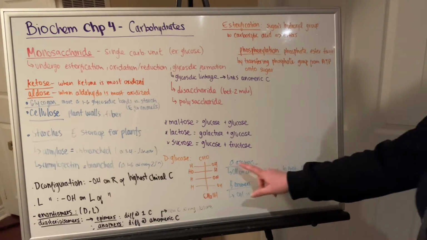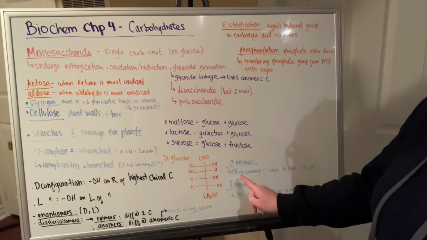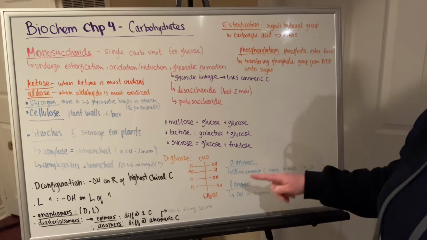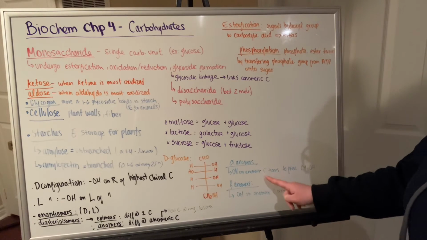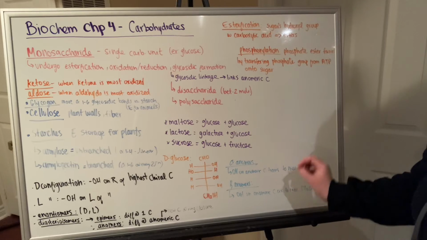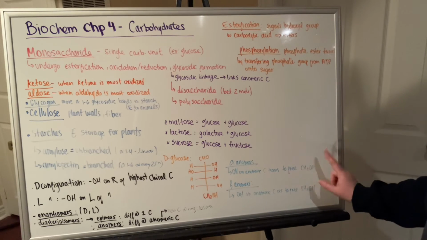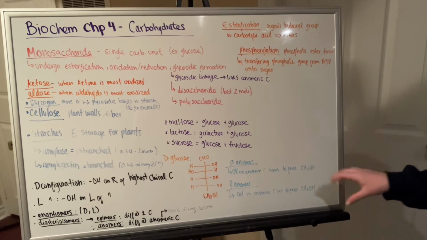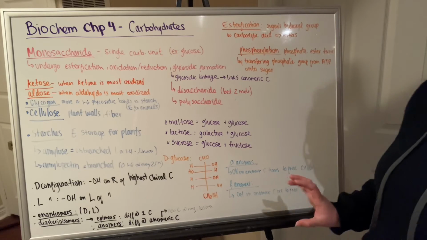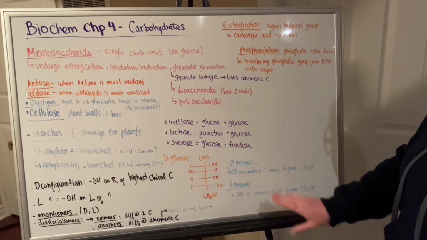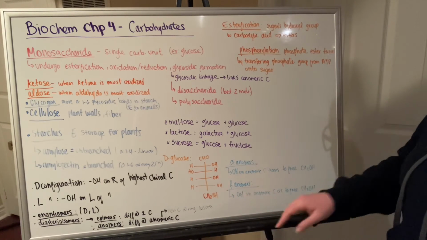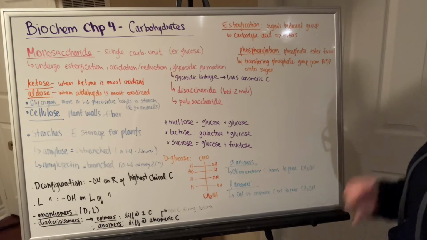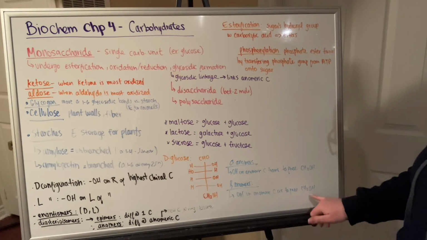We have alpha anomers, which is when the OH on the anomeric carbon is trans to the free CH2OH. And these two things took me a while to wrap my head around. And then we have beta anomers, which is when the OH on the anomeric carbon is cis to the free CH2OH.